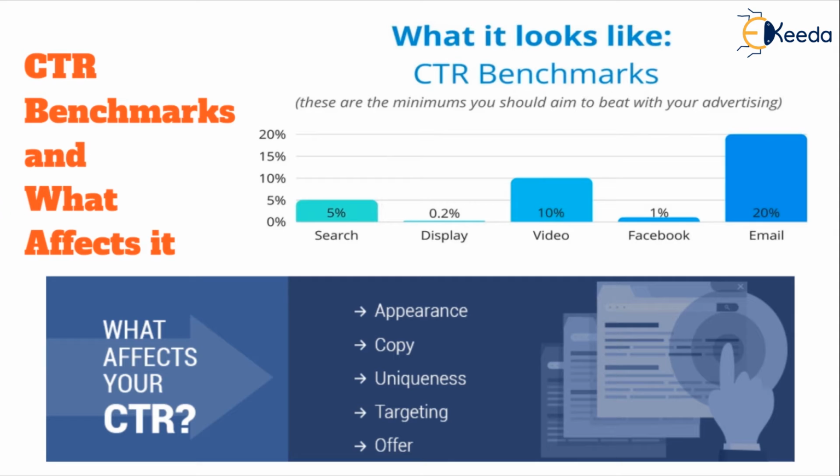Then display ads, which are there on various associated properties for Google or any other search engine where you are buying these ads, have very low CTR, which is about 0.2%, and that is because the customer is not really interested in any kind of pushed content.